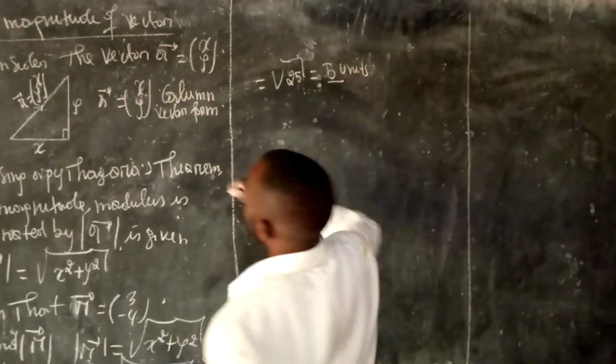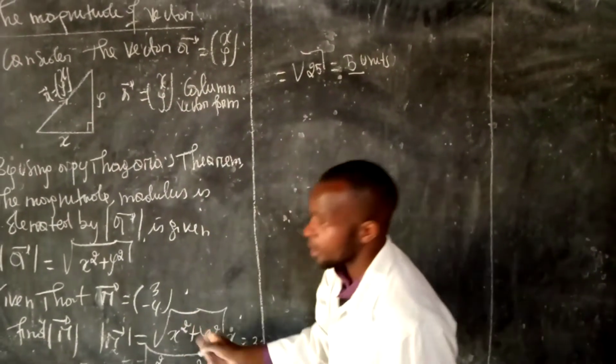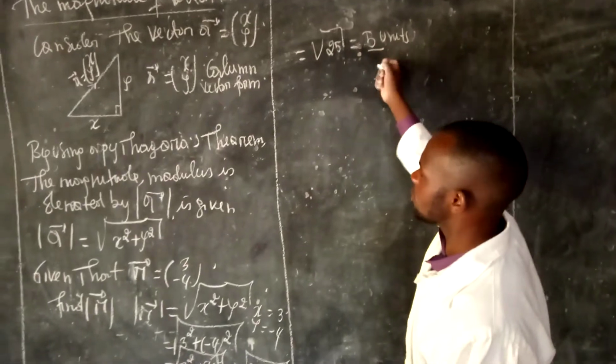Means that the magnitude of vector R is equal to 5 units.